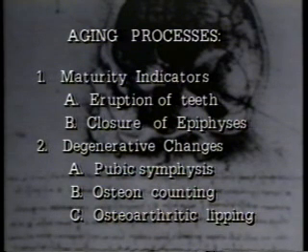If it is an adult and all the epiphyses are closed, with the last epiphysis to unite being the sternal limb of the clavicle at roughly about age 25, you need to then begin to look at degenerative changes. These are the changes in the pubic symphysis that we've talked about. In osteon counting, how you can determine the changes in the internal structure of the bone and the amount of osteoarthritic lipping that is built up.